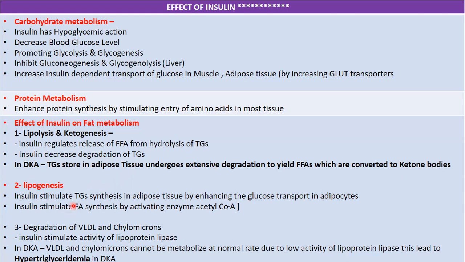That is, insulin stimulates triglyceride synthesis in adipose tissue, which we have already discussed, by enhancing the glucose transporters, and insulin stimulates fatty acid synthesis by the activation of acetyl CoA.